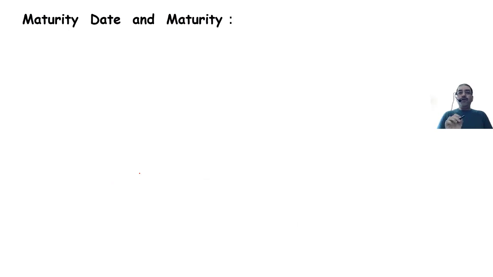If I say that a bond is issued for a period of 3 years and it is issued on 1st January 2001, so 2001, 2002, 2003, 31st December 2003 is the maturity date of the bond.